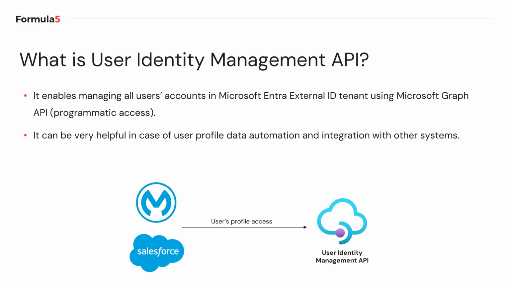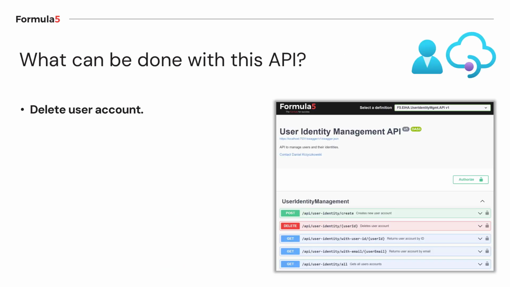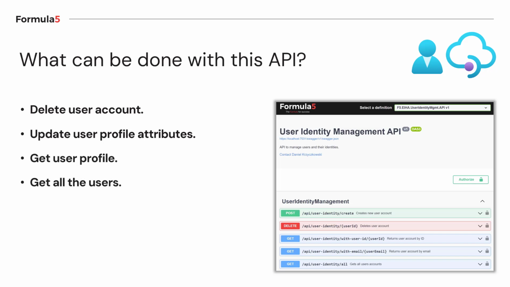And obviously, when I say access, I have different operations in mind. So let's talk about this API specifically. With User Identity Management API, we can delete user accounts. We can update user profile attributes if there is a specific need. Obviously, we can get a user profile. We can get all the users in our tenant. We can also create a user.